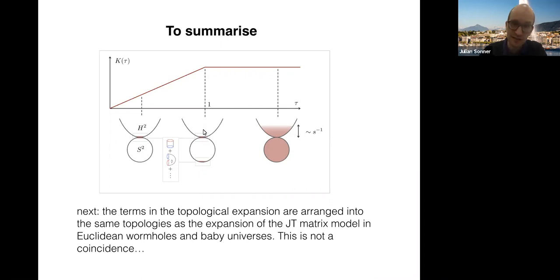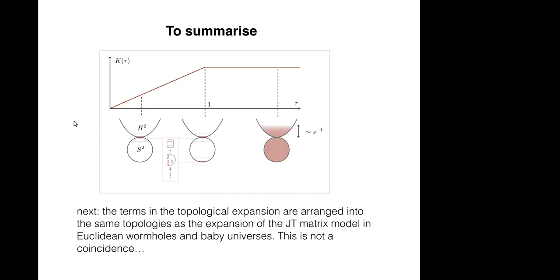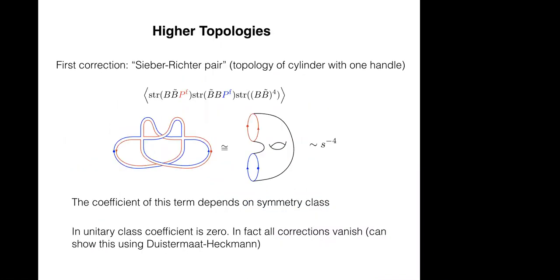And when it starts competing is precisely the transition between the ramp and the plateau. Ah, I see. Okay. So this is not like the wormhole situation in which the wormhole topologies are subdominant all the time. I mean, I saw also that you wrote e to the power minus s.